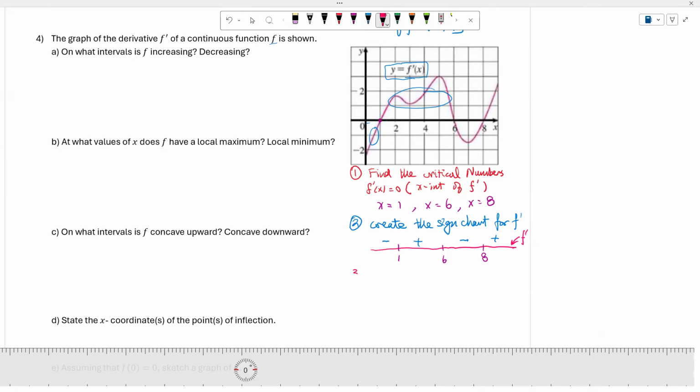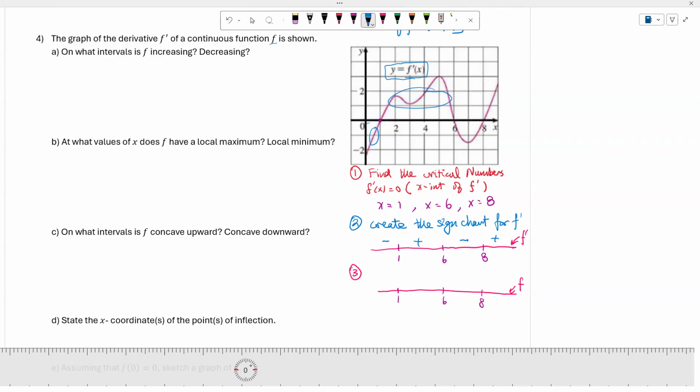And now, number 3, we are going to work with the f function, from f prime to f. Again, we label 1, 6, and 8.